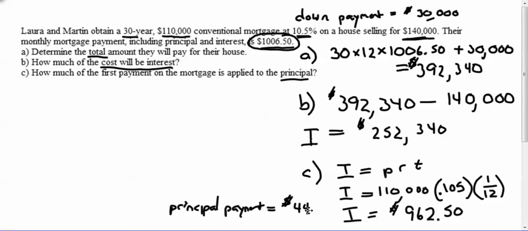So the next month, the balance or the principal wouldn't be $110,000 any longer for that second month. It would be $110,000 minus that little bitty $44. And that's how you calculate how much of the first payment goes towards interest and how much goes towards principal.